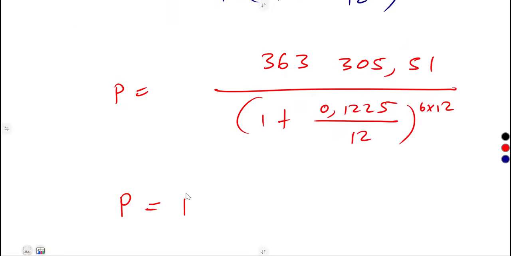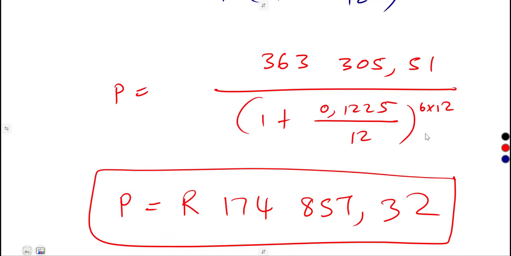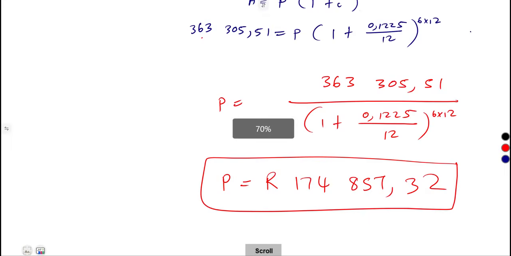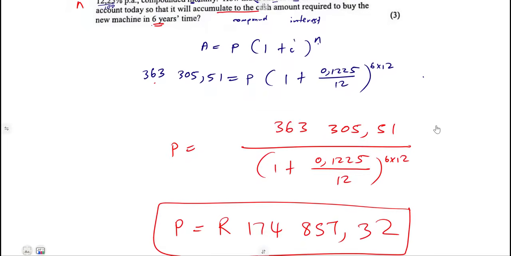That was going to give us the principal amount that he is supposed to invest. And that was 174,857.32. So you must invest this in order to accumulate that amount over a period of 6 years.